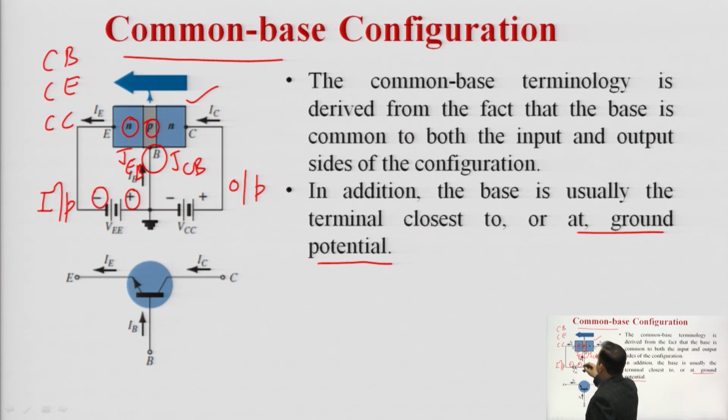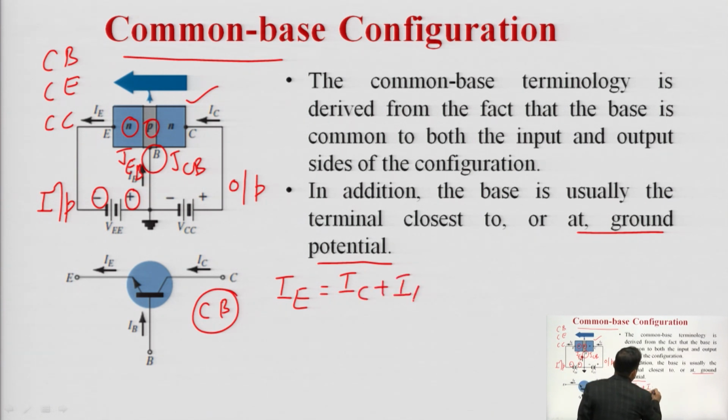We will again see the working of this transistor using the two-step method, meaning first we will see the emitter base junction, after that the collector base junction. This is the representation for the common base, where the base terminal is common, and we have the emitter current IE equal to IC plus IB, because IB and IC are both incoming currents.